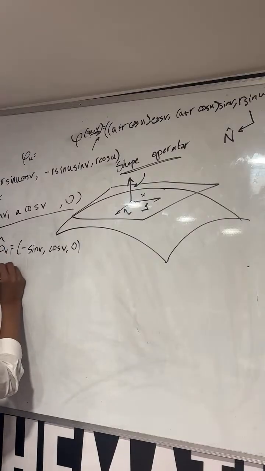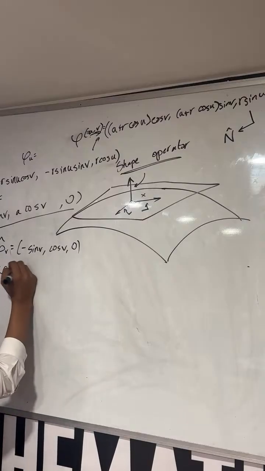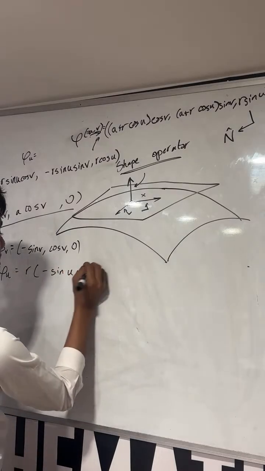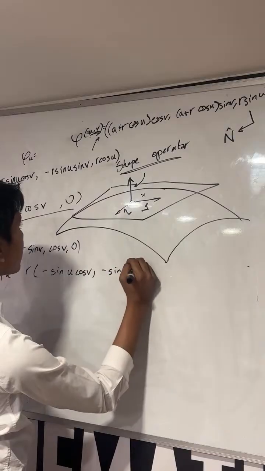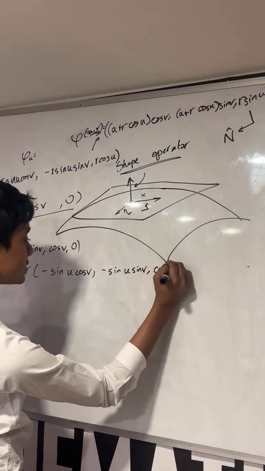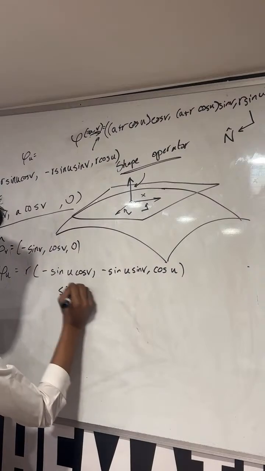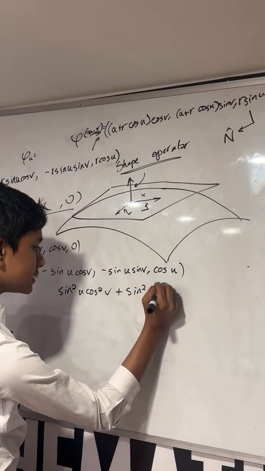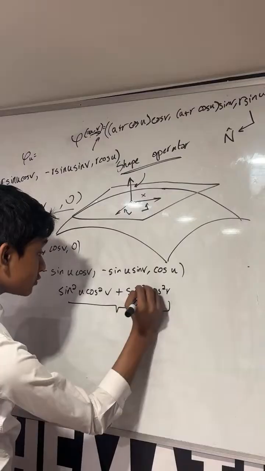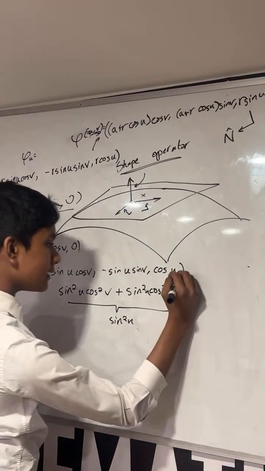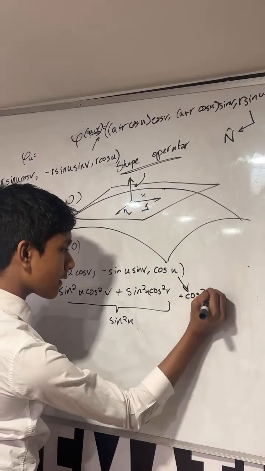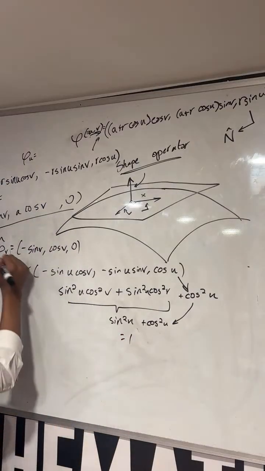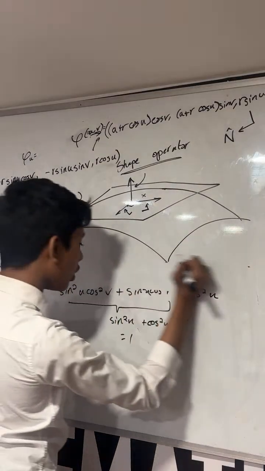And so, meanwhile, the magnitude of the partial derivative with respect to u looks a little bit more complicated, but in reality, it's r times this. And the astute among you will notice that if you square this and you square that, this reduces to sine squared u, and then adding on the square of this reduces everything to just 1, which means the magnitude is just r.